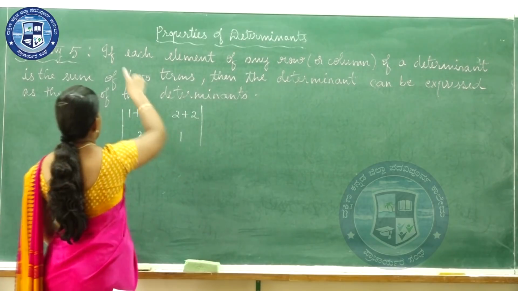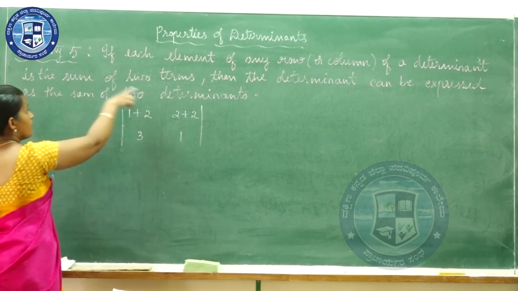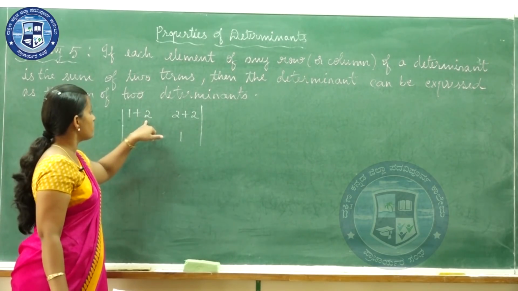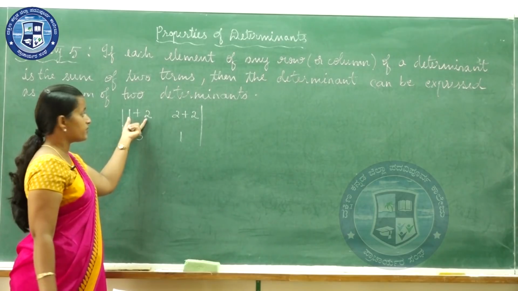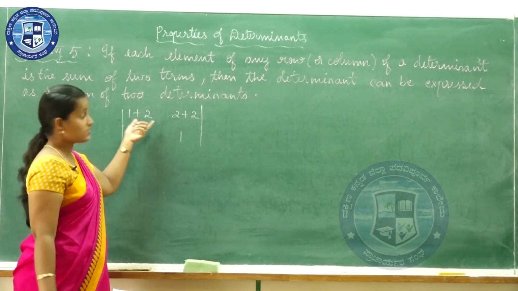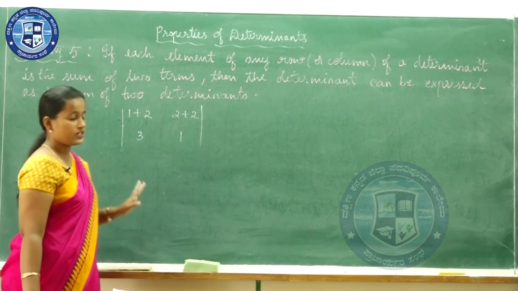So, if each element of any row of a determinant is the sum of two terms. Now, in the first row, I have considered sum of two terms. Actually, this is nothing but 3, this is nothing but 4. But I have written it like this in order to explain this property. So, 1 plus 2 and 2 plus 2.